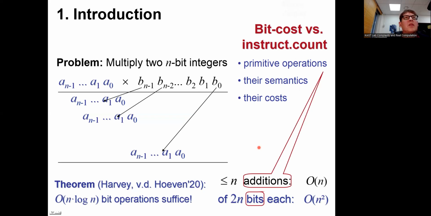So this is really close to the information theoretic optimum of needing at least n bit operations for reading the input and n bit operations for printing the output. So there's only an overhead of factor log n for the intermediate calculation. So this is an example of an advanced algorithm for multiplying two n-bit integers.